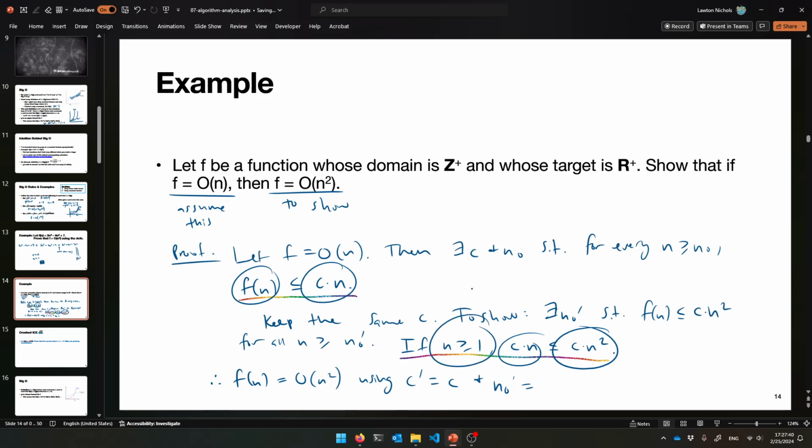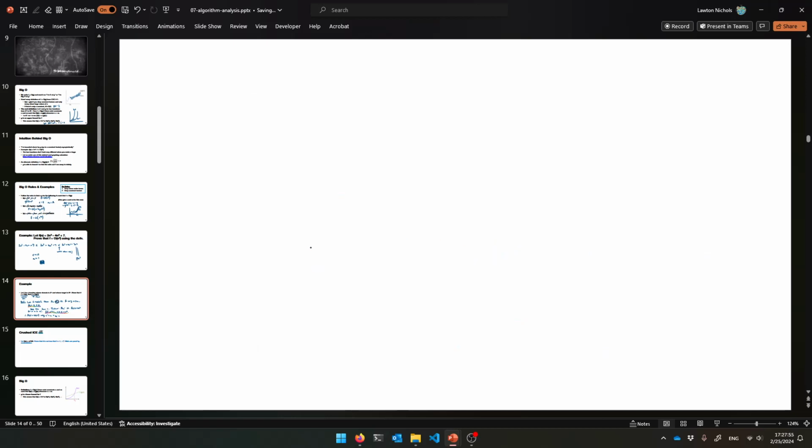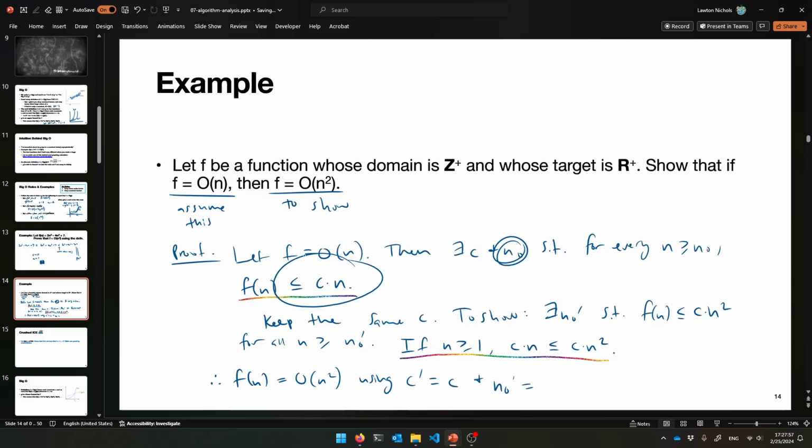if n is greater than or equal to 1, bringing those two together, I really have what I need to show this. n naught needs to be at least 1, and maybe this original n naught that made this true may have been bigger than 1. So it's just whichever one was the larger one. It's the maximum of the existing n naught and 1.